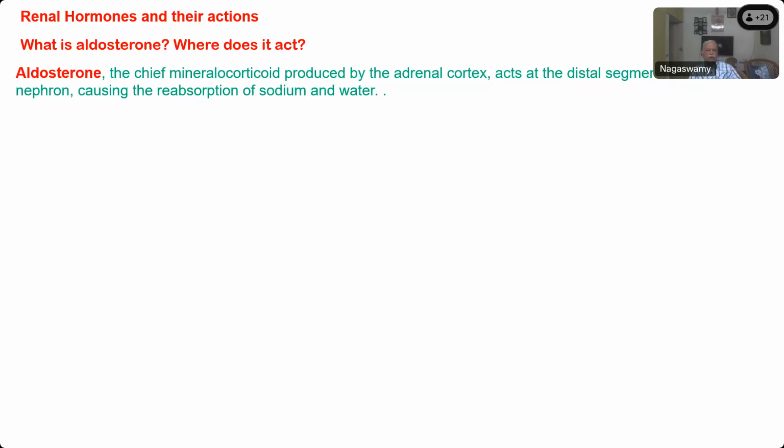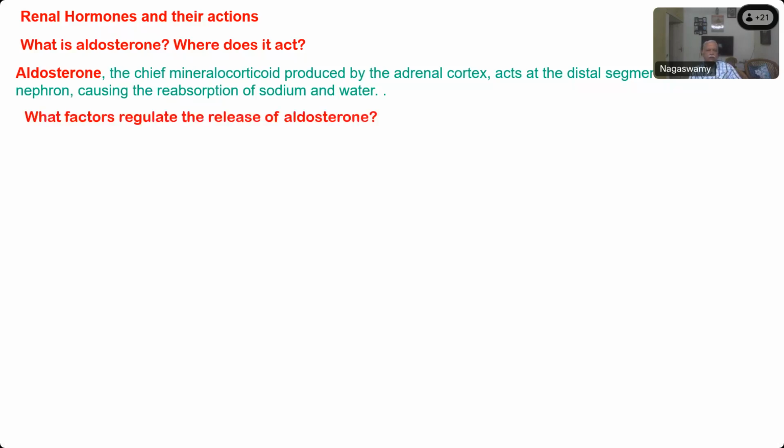That is the distal convoluted tubule and collecting duct, the distal portion.